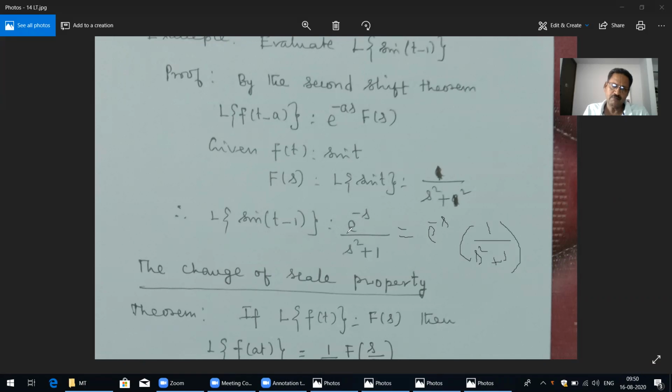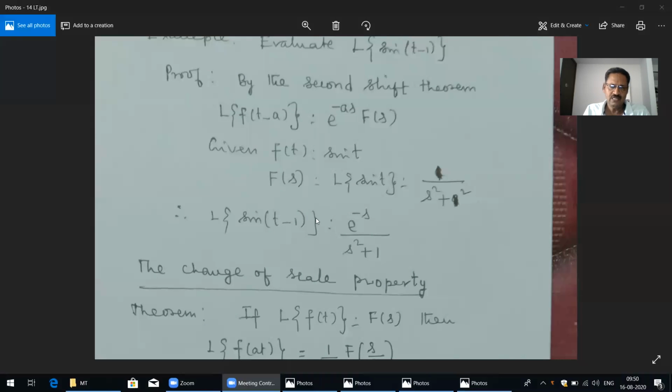Okay, you clear now? With a equal to 1, you are getting e power minus s, then f of s, just we know, 1 over s squared plus 1. So therefore Laplace transform of sin t minus 1 equal to e power minus s over s squared plus 1. Hence the result. You clear? Maybe we are going to the next one.